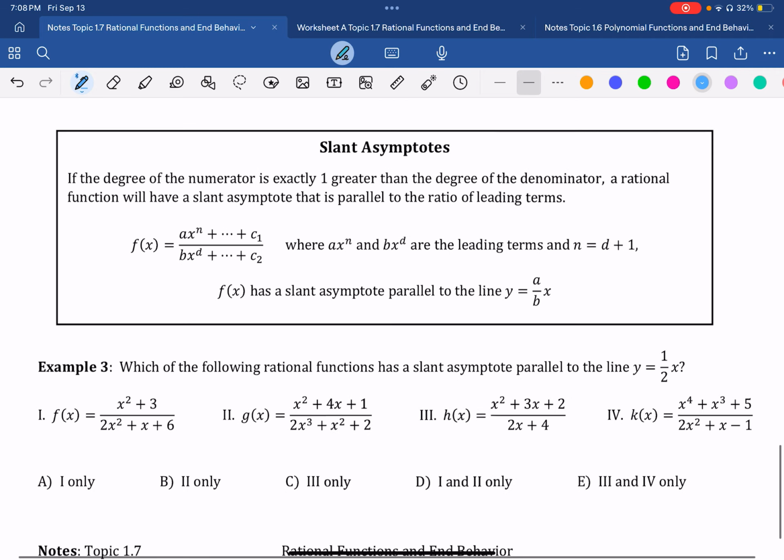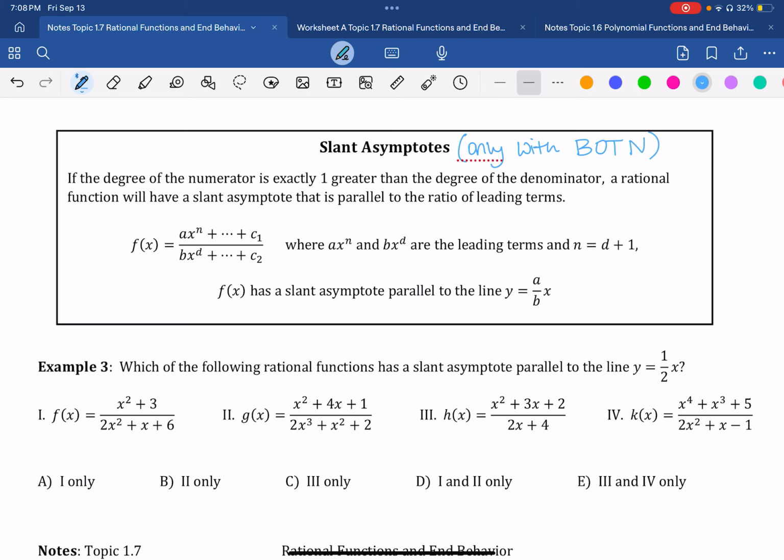Okay, let's review slant asymptotes again. If the degree of the numerator is exactly 1 greater than the degree of the denominator, a rational function will have a slant asymptote that is parallel to the ratio of the leading terms. Okay, so remember that slant asymptotes only happen with BOTTOM, when it's bigger on top and when there is no horizontal asymptote.